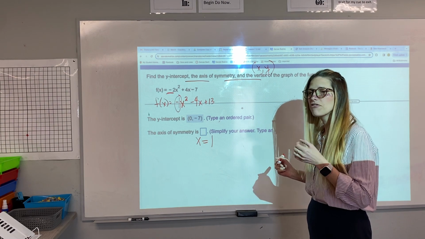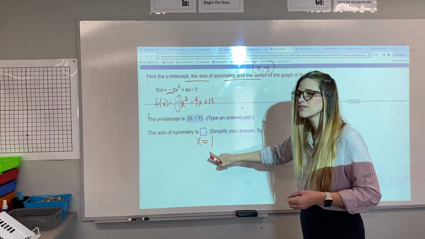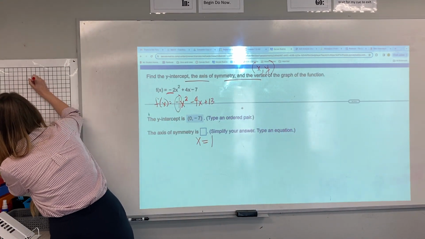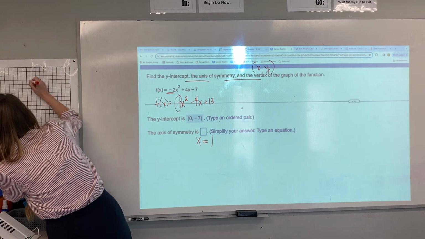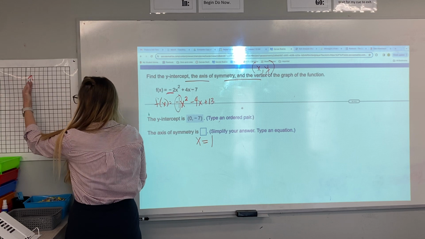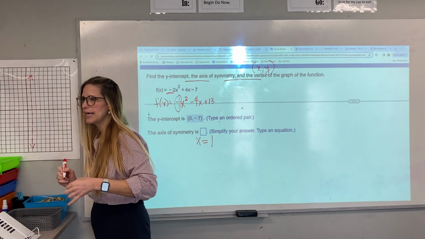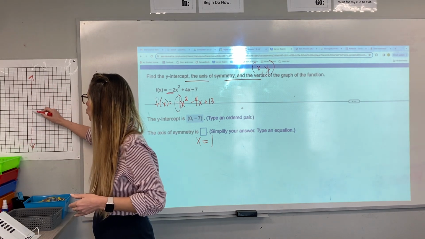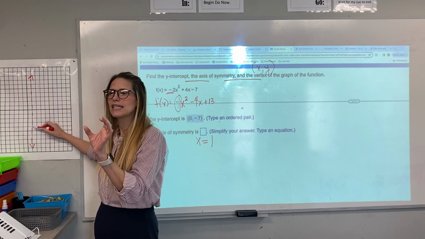If the vertex is on the axis of symmetry, so our axis of symmetry is x equals 1. That means our axis of symmetry is this invisible line at x equals 1. The vertex is a point on it, meaning we already know one of the coordinates.